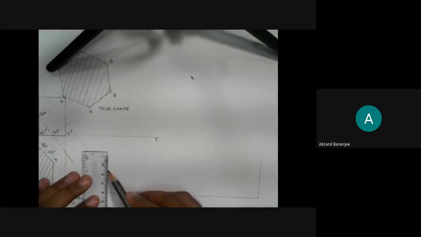So I will just draw here 16 mm for you. It should be visible for you. That's why 16 mm, one line. I'll draw a rectangle of 16 by 4, and join it.